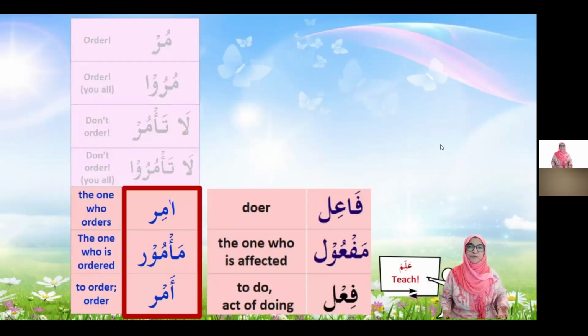Now let's do fa'il, maf'ul, fi'l. You already know fa'il is the doer, maf'ul is the one who is affected, and fi'l is the act of doing. Now same thing here. Amir, the one who orders. Ma'mur, the one who is ordered. And Amr is the order.